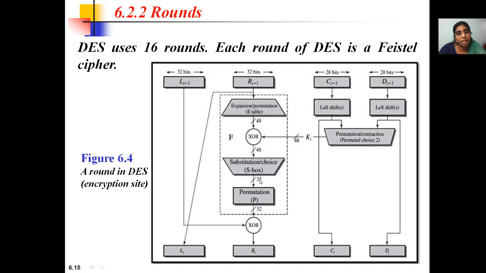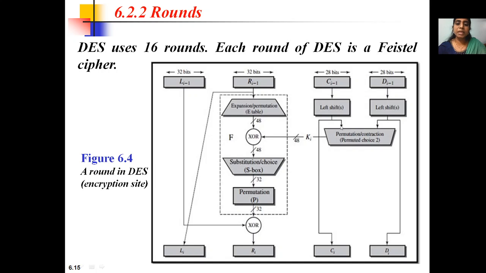That 32 bits again goes into the permutation or P box, a transposition of values, where we replace by the related transposition numbers, and we get the output as 32 bits. From the output of the permutation, we XOR directly with the left 32 bits, and take it as the right bits for the next round.